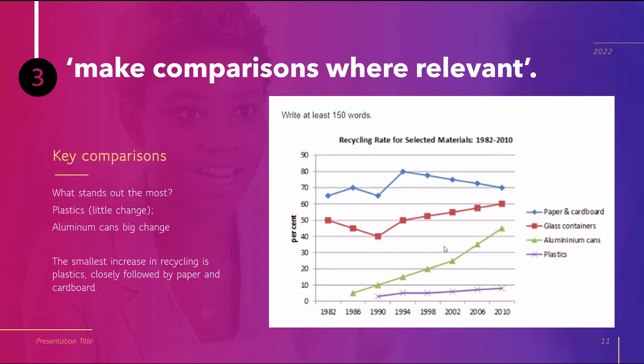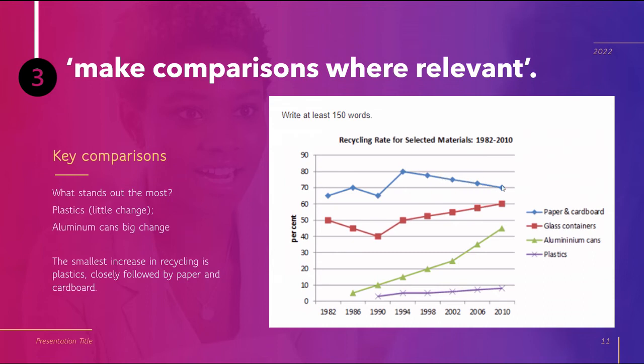But if we look at paper and cardboard, there's certainly an unusual sort of behavior here with this line, in that it goes up to 80 percent in 1994, but then drops back down again.